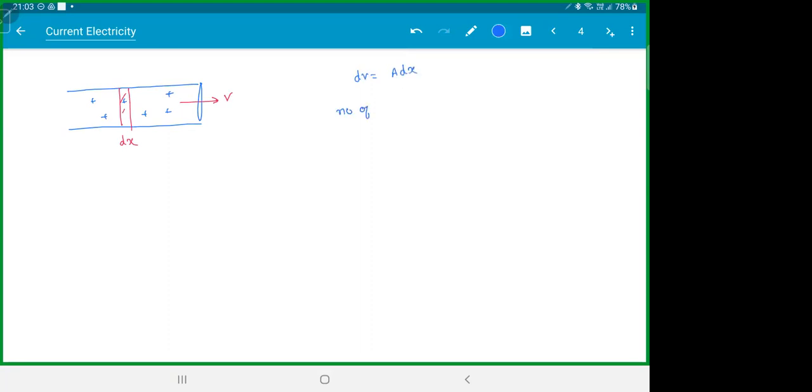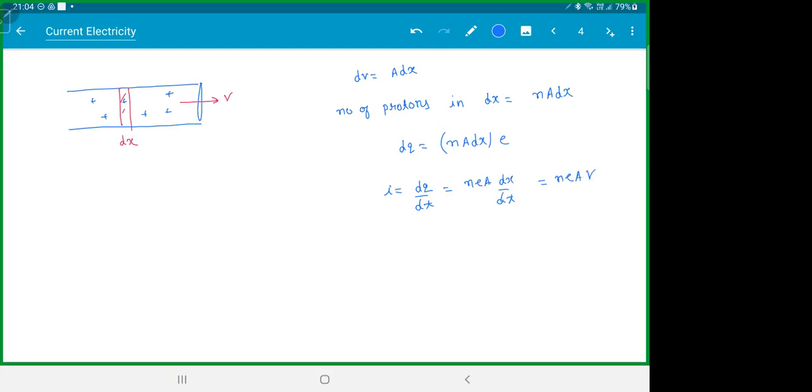What is the number of protons in dx? n into A into dx. So what is the charge in the dx? Number of protons n into A into dx into e. Right? Current is dq by dt, which will be n A e dx by dt, which is nothing but nAev.